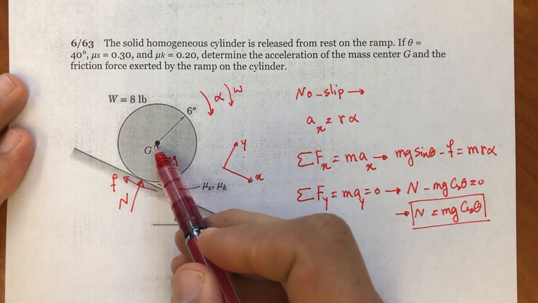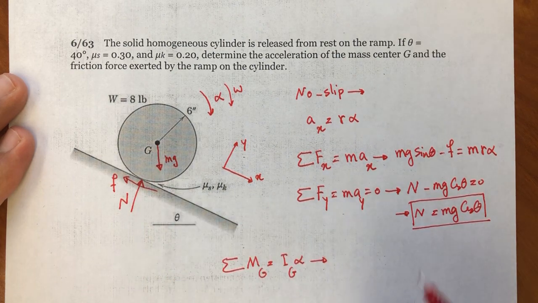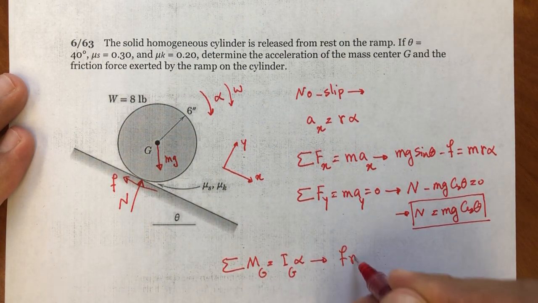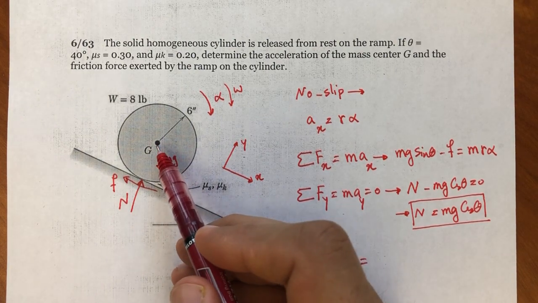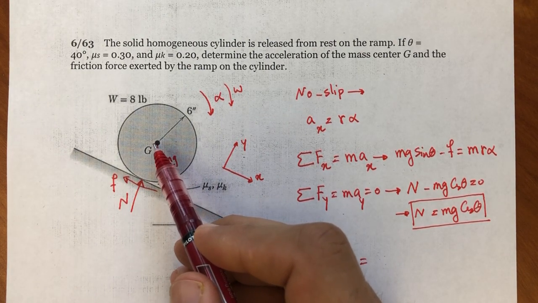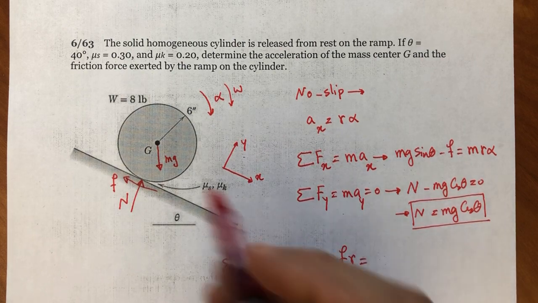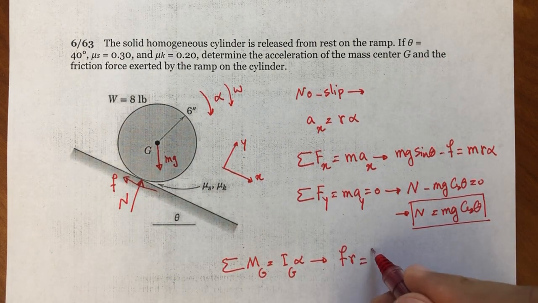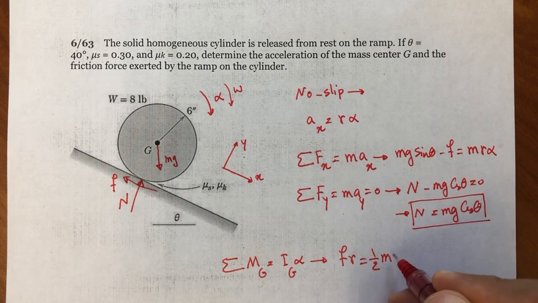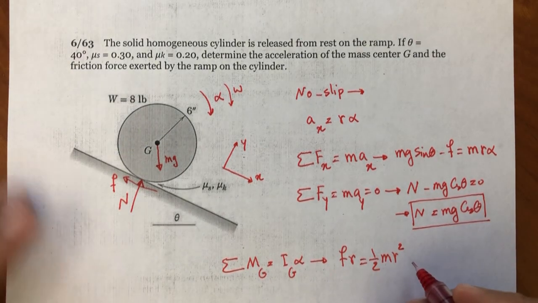The moment of F about G is going to be F times r, in the positive direction, equal to I of a cylinder or disk about its axis, which is 1/2 of m times r squared. So 1/2 of m times r squared times alpha.